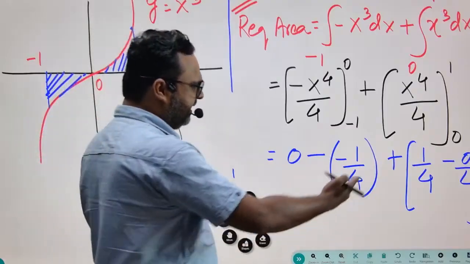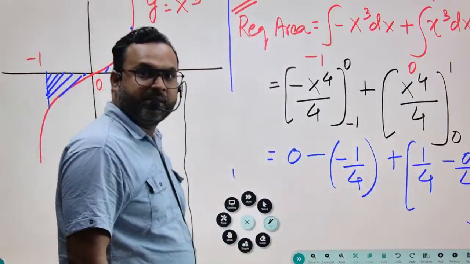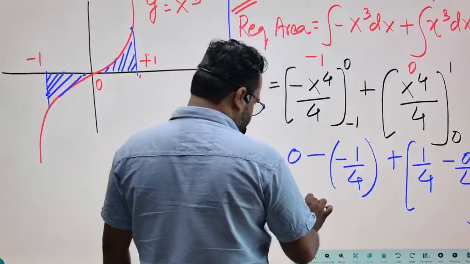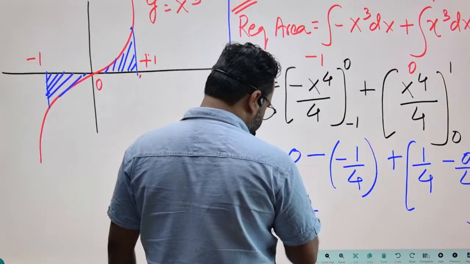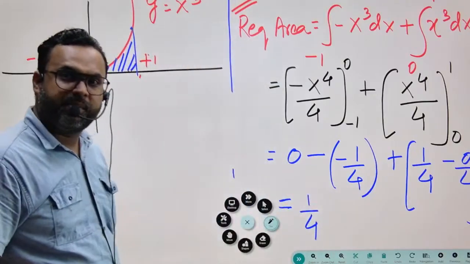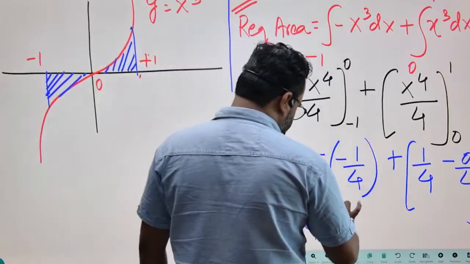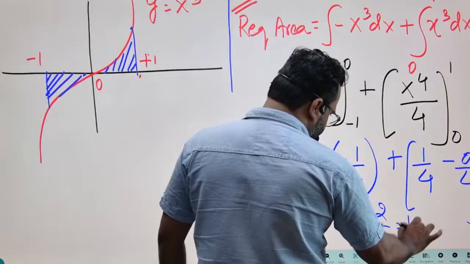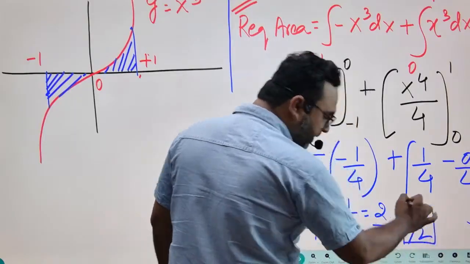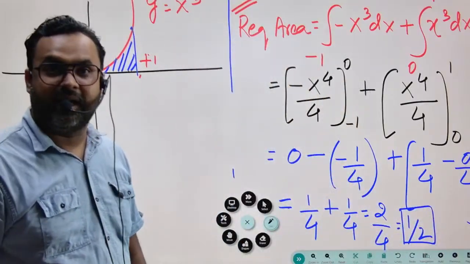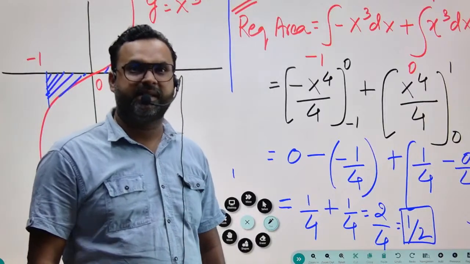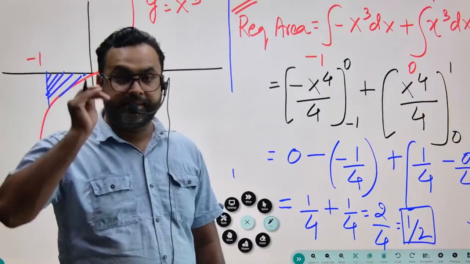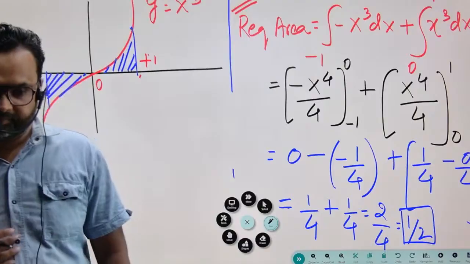So this is minus minus times positive, so 1 over 4 plus 1 over 4. So 2 over 4, that means 1 by 2. So the required answer is half. Please make a note of it.